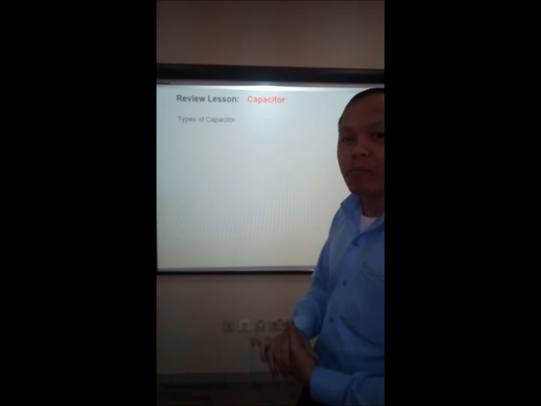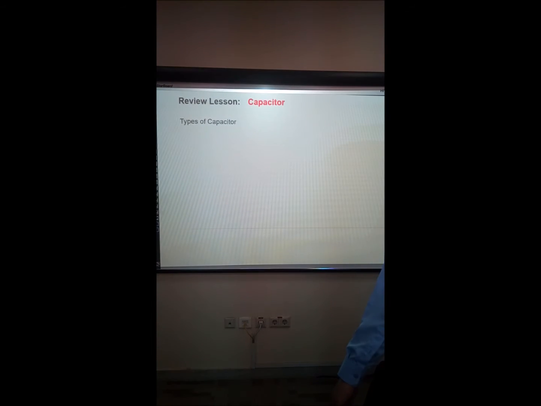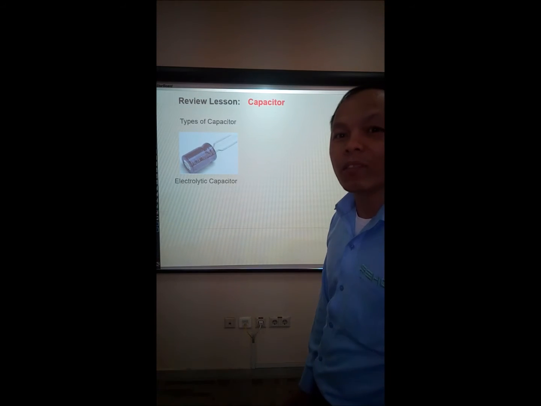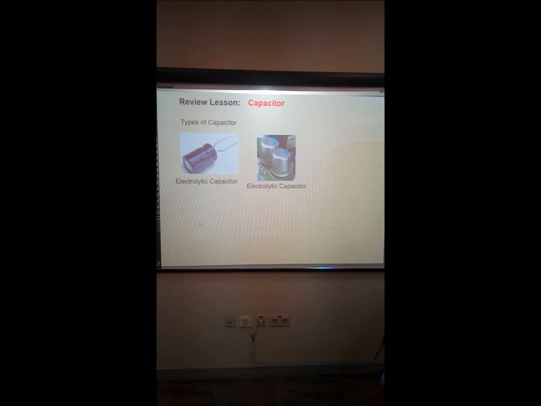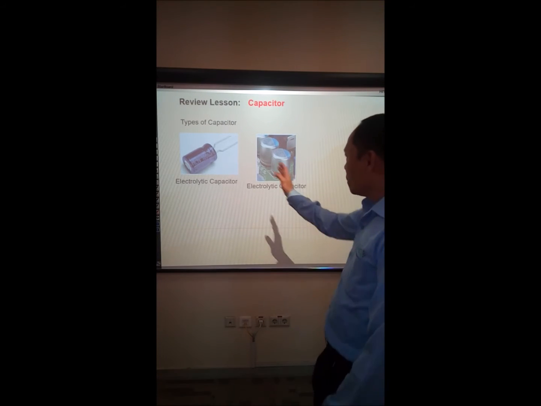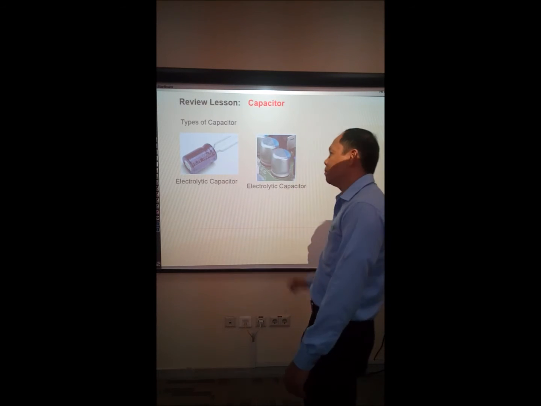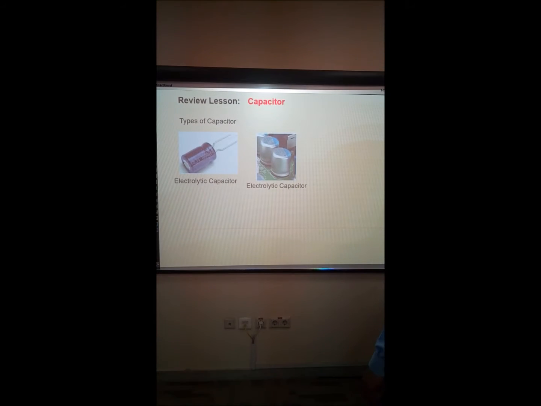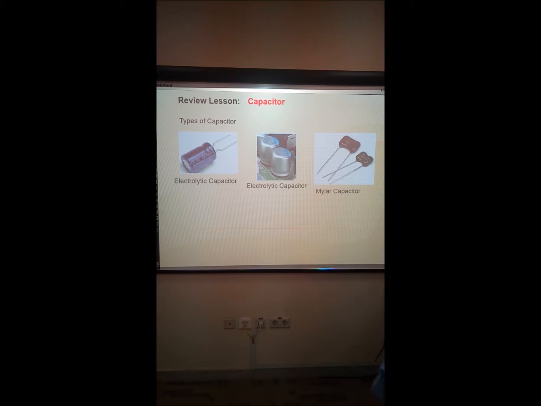Now we have here types of capacitor. Number one is electrolytic capacitor. Next is the same, so this is a big capacitor and this one is a small capacitor. Then we have here the mylar capacitor.